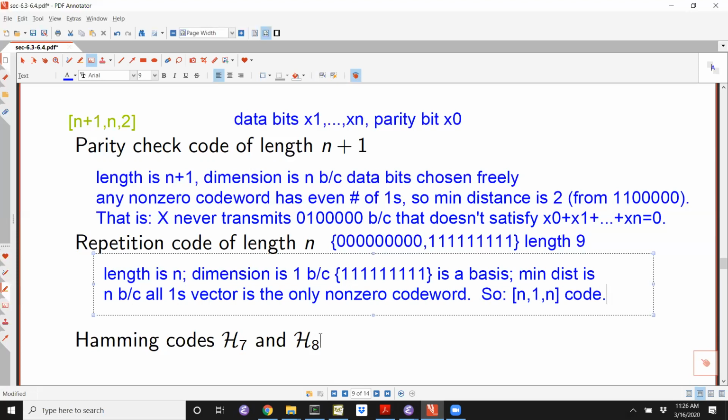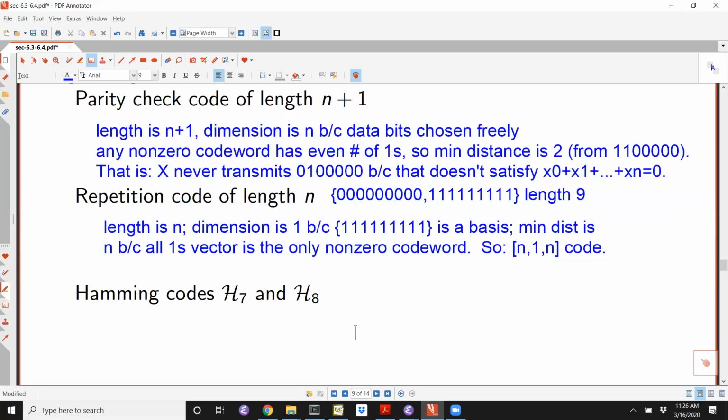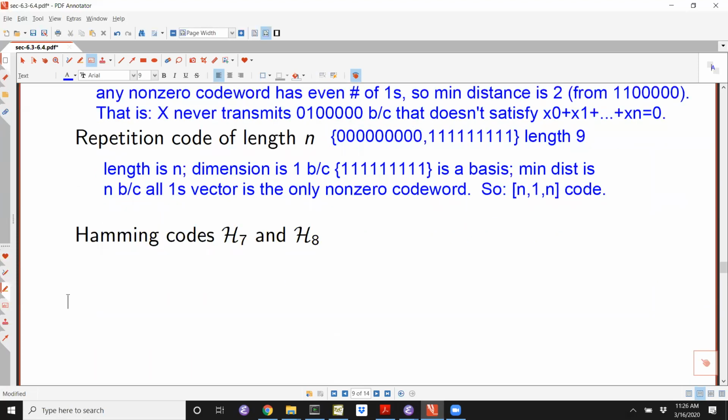All right. Excuse me. So now the computation.